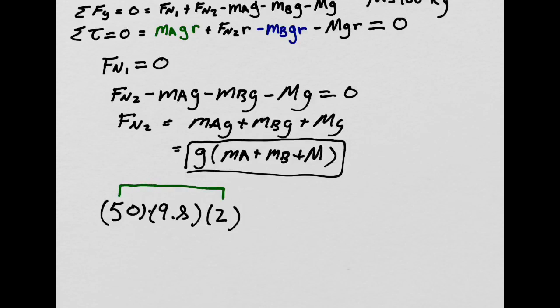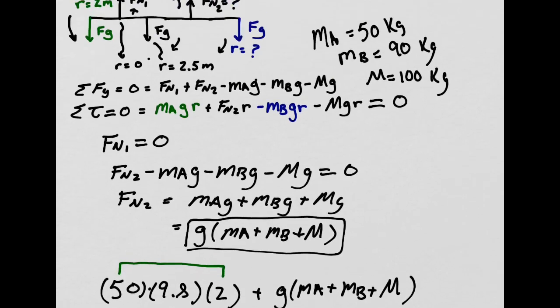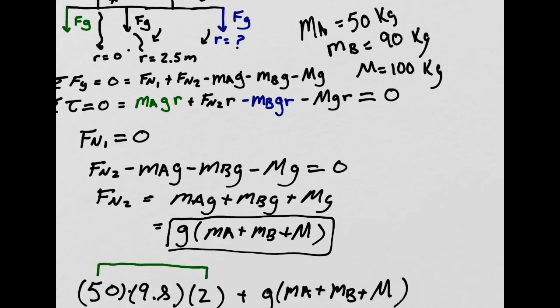Then we have plus Fn2, which is g times Ma plus Mb plus capital M, times Fn2's R, which is 3, so times 3.